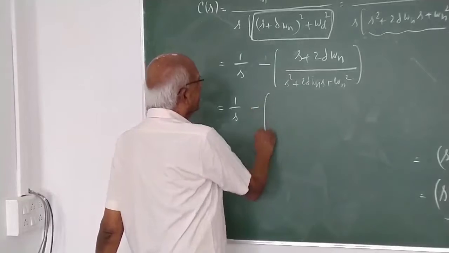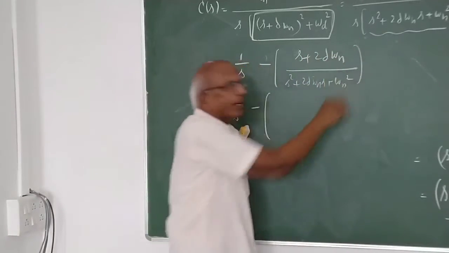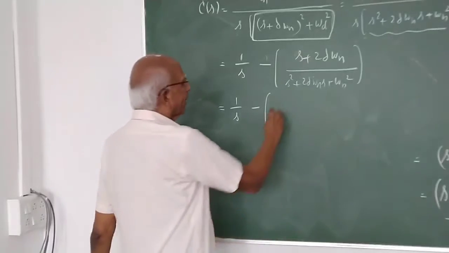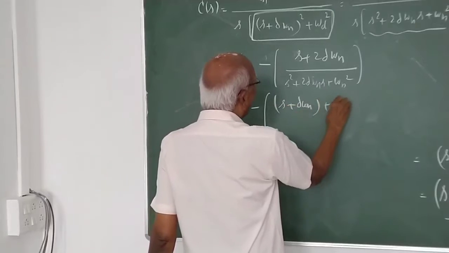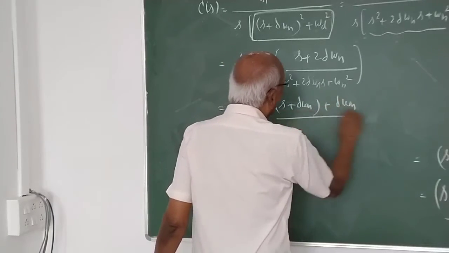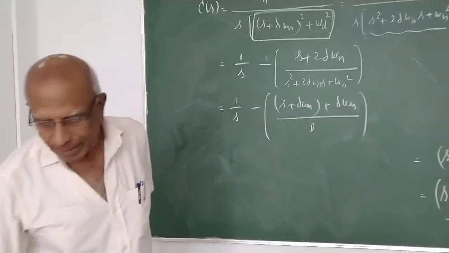Here, please follow, I rewrite like this: s plus delta omega n plus delta omega n, divided by that denominator, which I will write for the sake of writing fast.